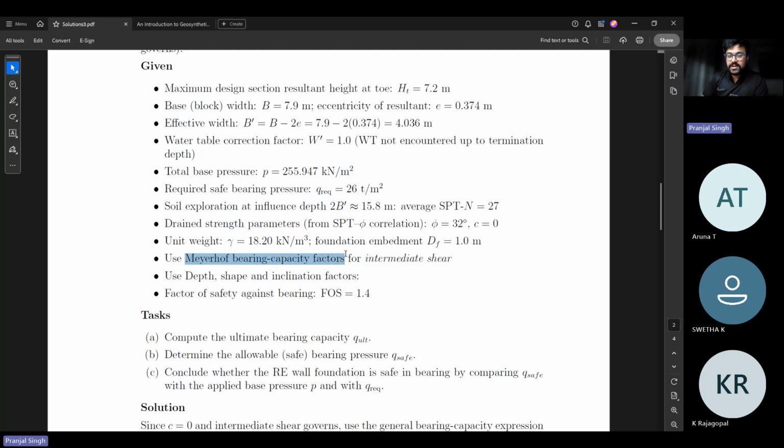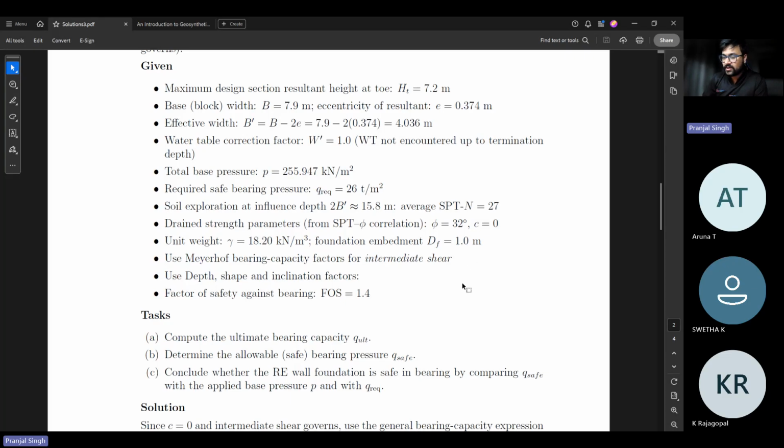You can use any bearing capacity factor. You can always refer to IS 6403 to get these values. Since you might know that below 30 degrees and after 35 degrees, you have general shear failure and local shear failure, so the value is 32 degrees.